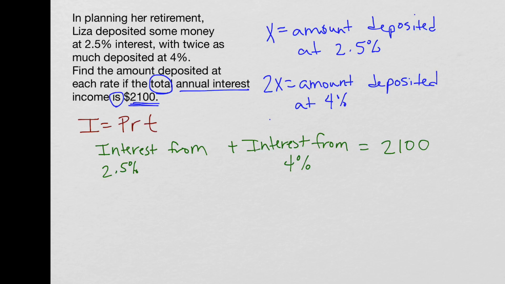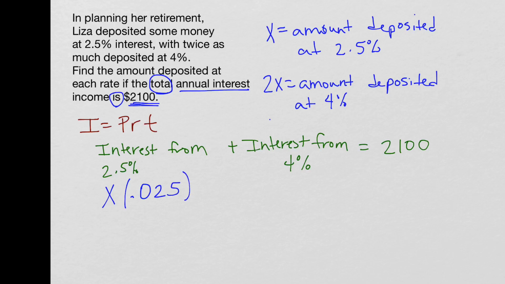So now if we go back and plug in what we know, remembering that interest equals principal times rate times time, we're going to look at the 2.5% account. We'll have principal is X dollars times the rate is 2.5%, which we must write as a decimal, so 0.025.